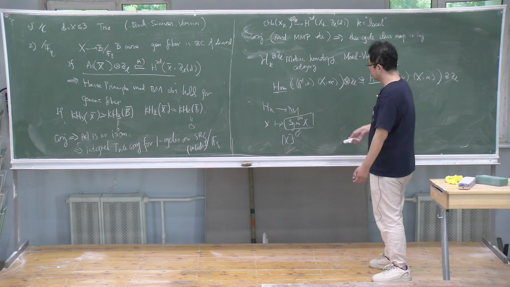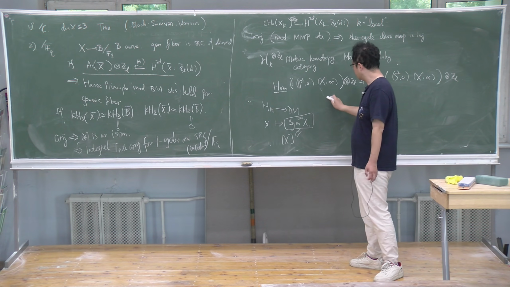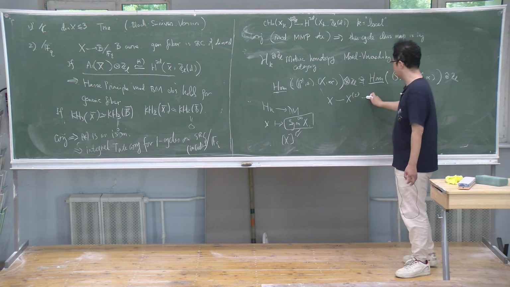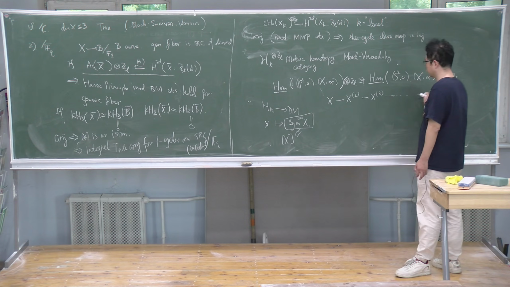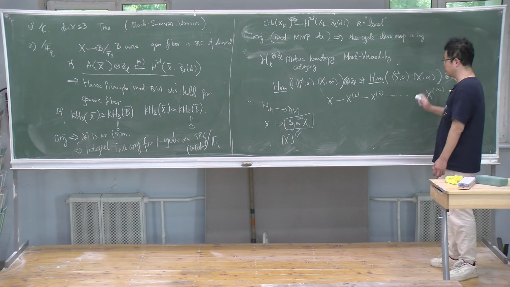That's the idea. Now, here X actually maps to the second symmetric product, the third, etc., until X infinity. This is the symmetric product.